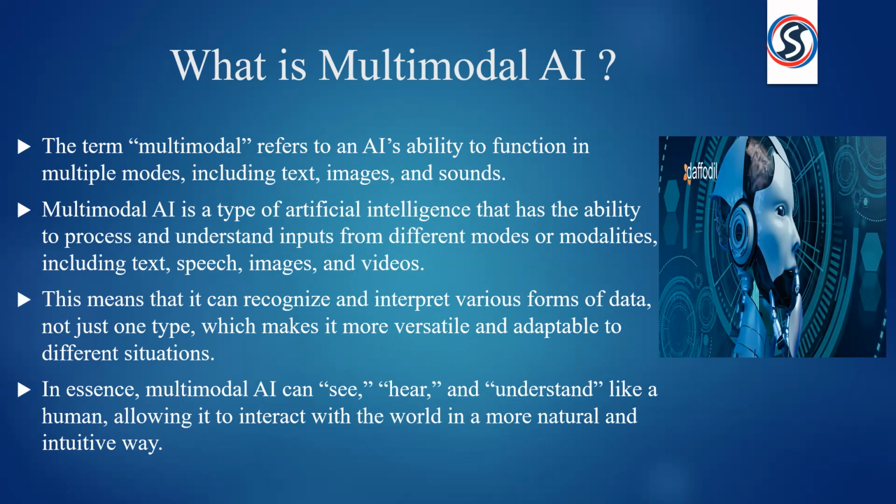So before understanding multimodal AI, you have to understand what AI is. And if you understand what AI is, then obviously you will come across all the concepts. The term multimodal refers to an AI's ability to function in multiple modes, including text, images, and sounds.